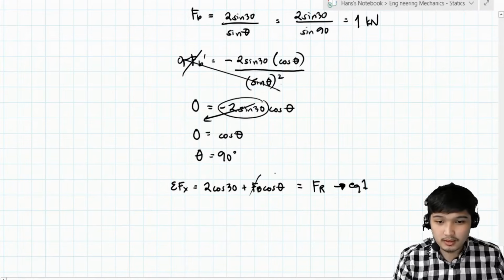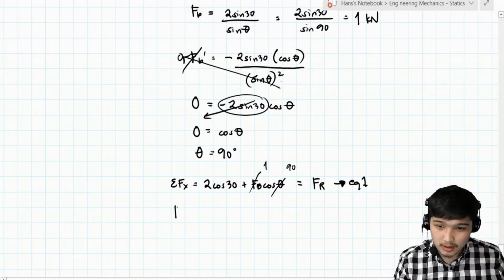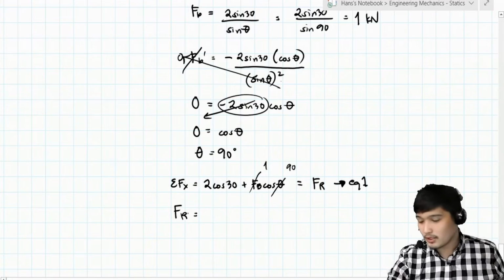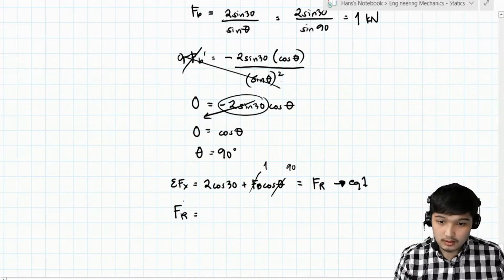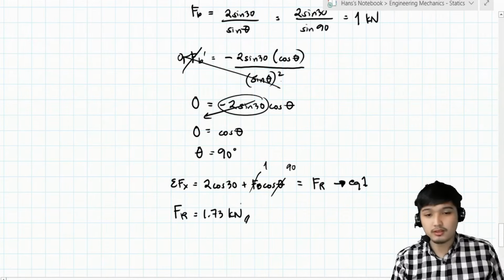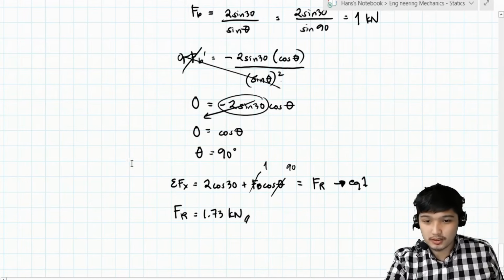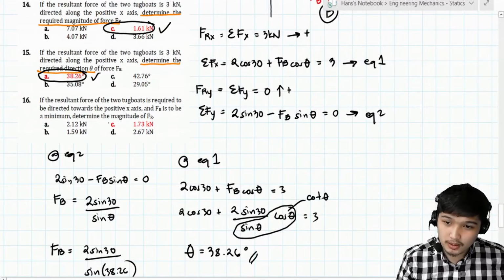Ito magiging 1, ito magiging 90. Okay? So, with that, we can solve for the resultant, FR. And that is how much? So, this one is square root of 3 or 1.73 kilonewtons. I hope na nasa choices yan. Okay, so correct, letter C.